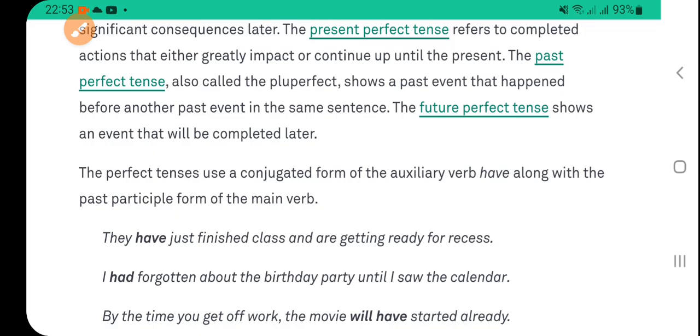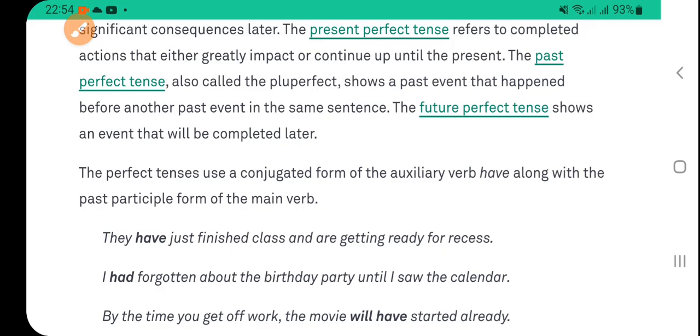The past perfect shows a past event that happened before another past event in the same sentence. So that's two past events in one sentence.